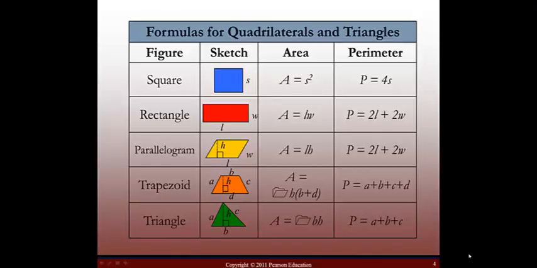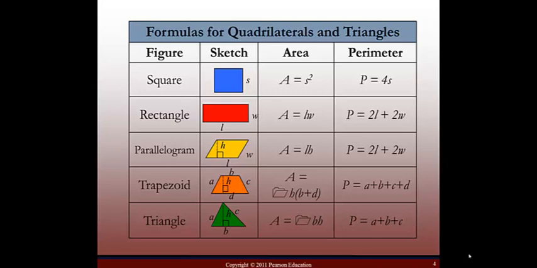Okay, here is a list of formulas that you're going to use in some of your problems today. These are formulas for quadrilaterals and triangles. And notice it gives you a picture, and then it also gives you the area and the perimeter equation. Now obviously this looks like a whole bunch of information, and it is.